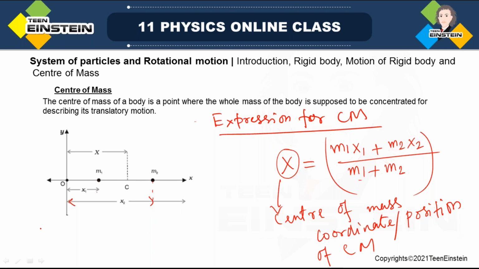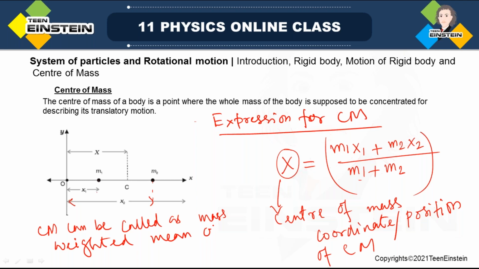So this center of mass can be called the mass weighted mean of positions. The positions are x1 and x2. Mass weighted means it is divided by the total mass.